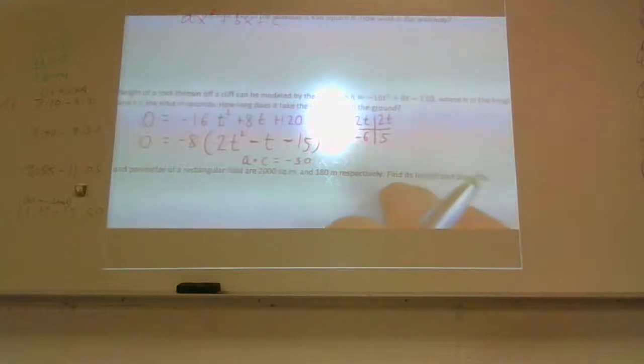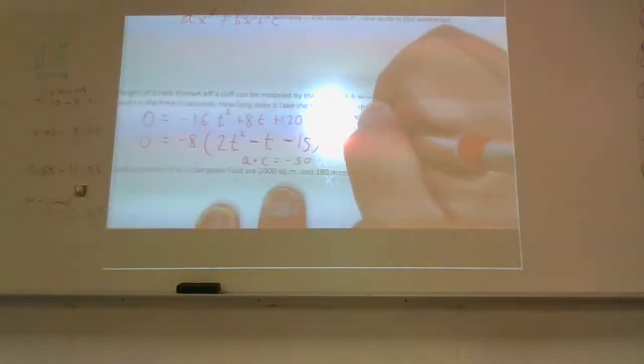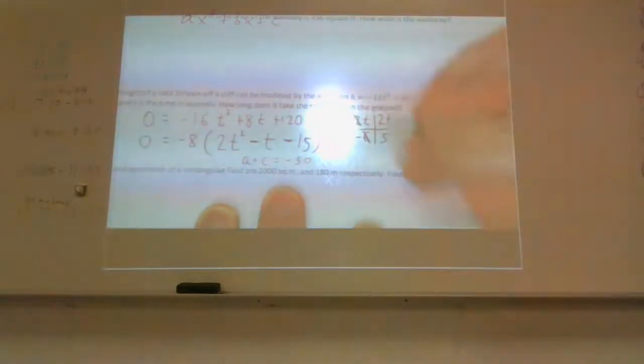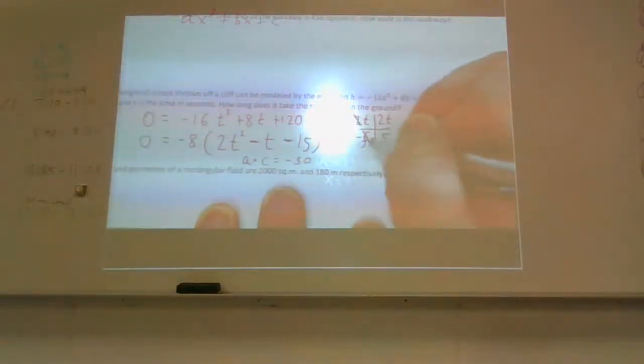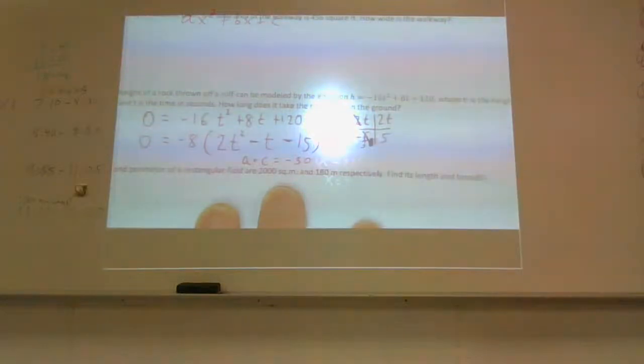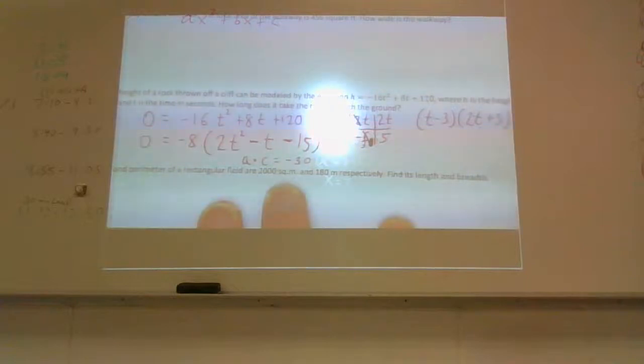Let me zoom in and show you how I would simplify the t-chart. If I simplify the t-chart, they're both divisible by 2. This becomes a 1. This becomes a 3. Keep the negative on the bottom. This becomes a t minus 3 and a 2t plus 5 equals 0.